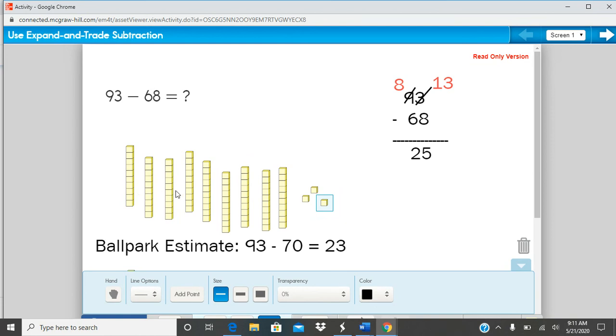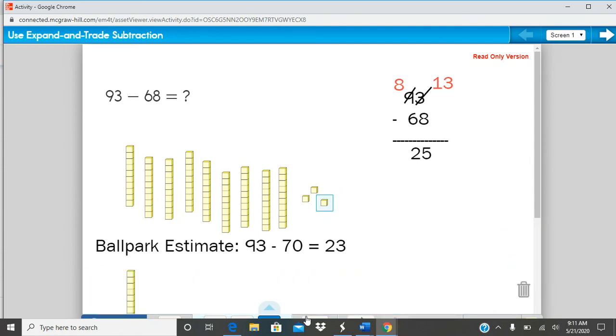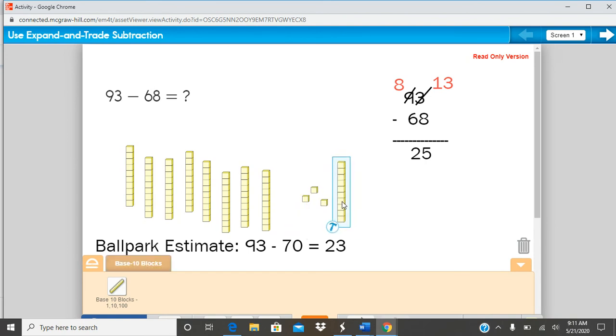So I had 9 10s over here. I'm going to take this 10. We're going to put that guy out of there for a second because I want to move him. Okay. So we're going to take this 10 and we're going to put him over here. Now, this would be broken into single blocks at this point.